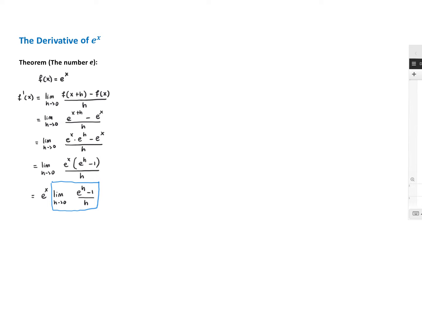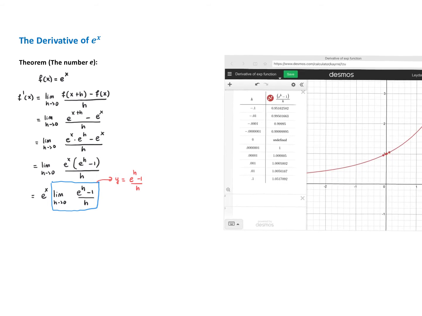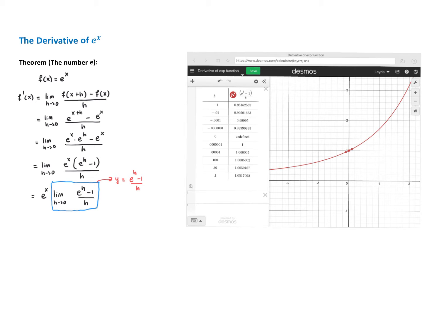So right now, I will consider this as a function. I will think of this as y equals e to the h minus 1 divided by h. I'm going to pull this window out and we're going to focus on this information.